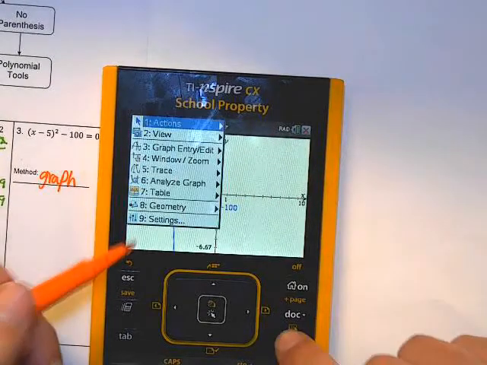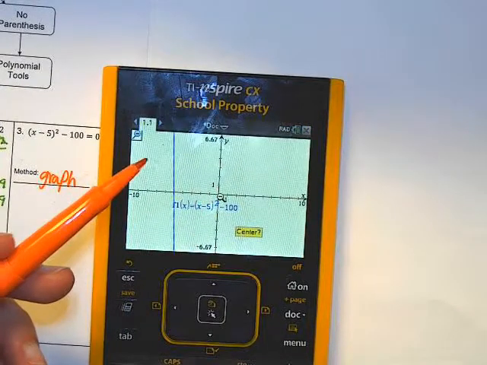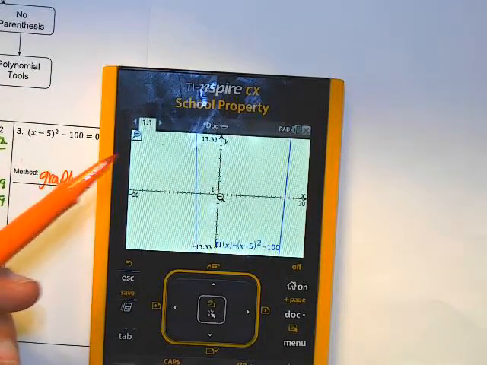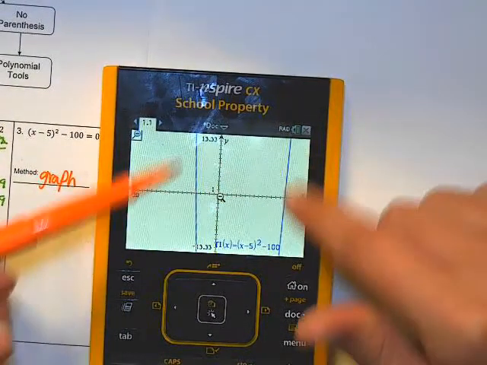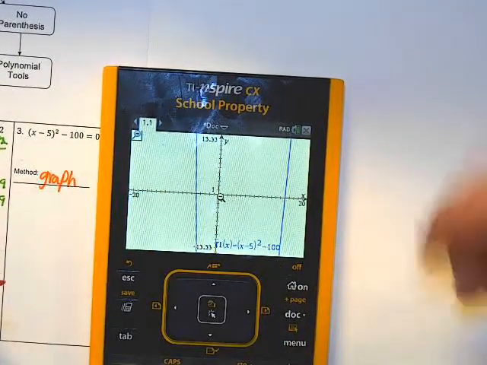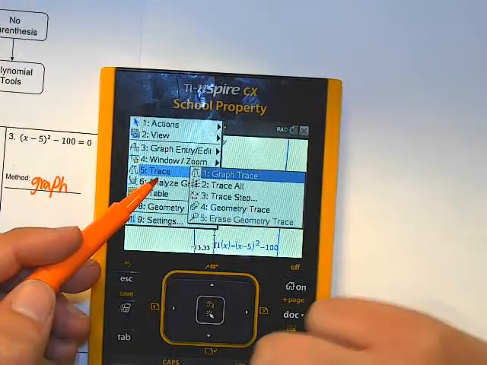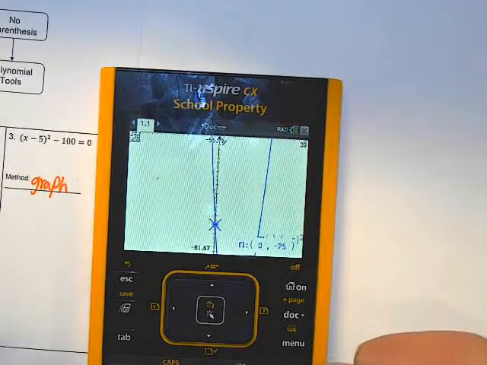If I want to zoom out, menu, 4 for zoom, 4 again for zoom out, hit enter once. Can you see the other line? Yes. Now how do I figure out what these are? Trace. Menu, 5 for trace, 1 for graph trace. And my X pops up.